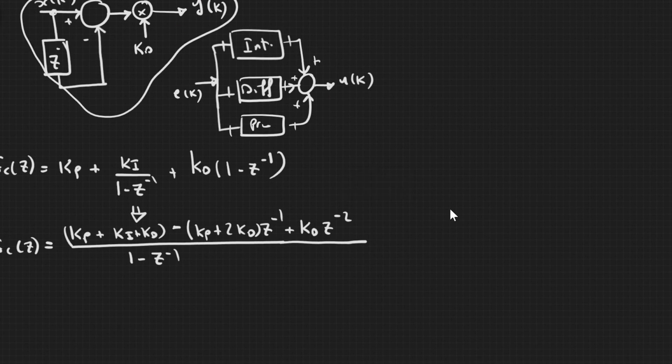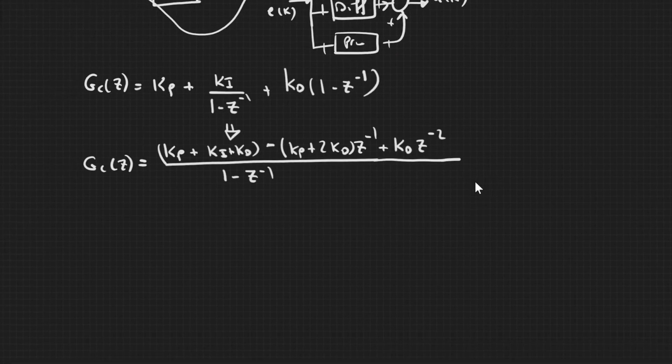So now you have just one single rational transfer function that represents the digital PID controller, and you can obtain the overall difference equation for this controller. How can you do that?